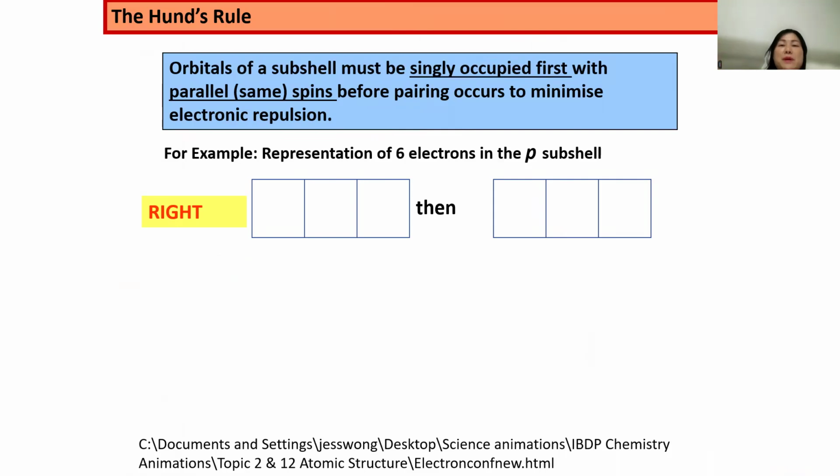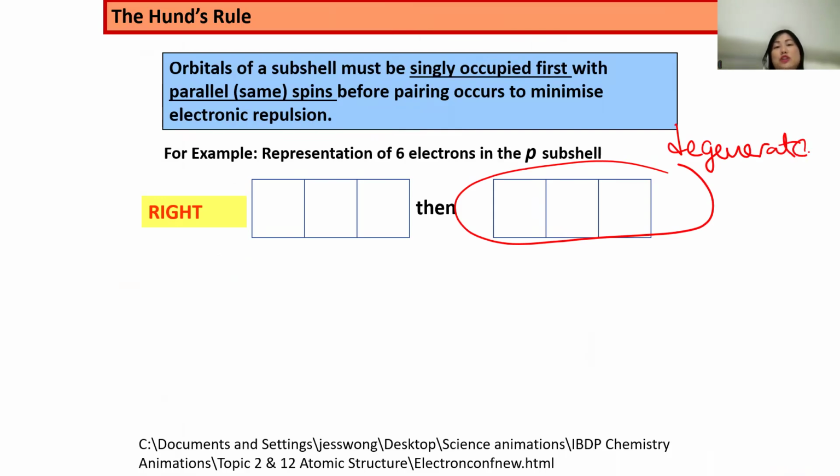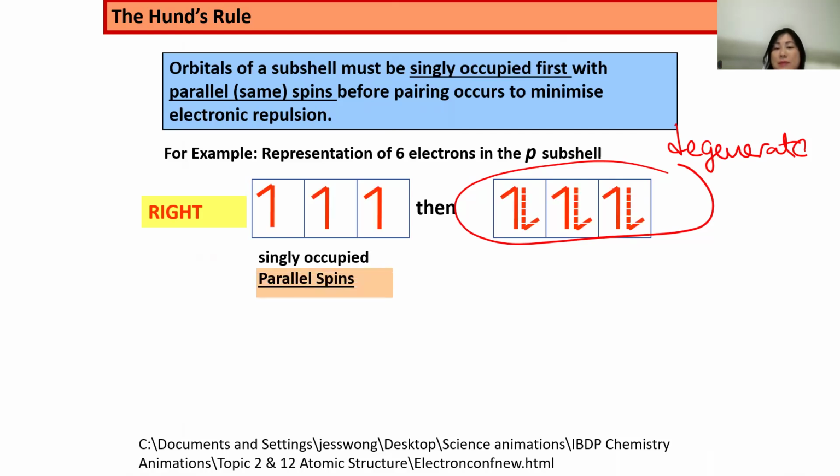If they belong to the same subshell, then they have the same energy, which is described as degenerate. They are degenerate orbitals with the same energy. So these orbitals must be filled singly first before pairing. That means I fill them one by one first, then I start to pair them up. So things like these are wrong.